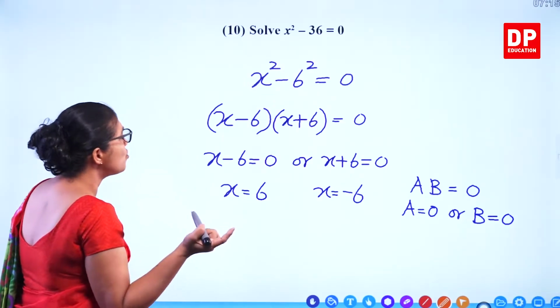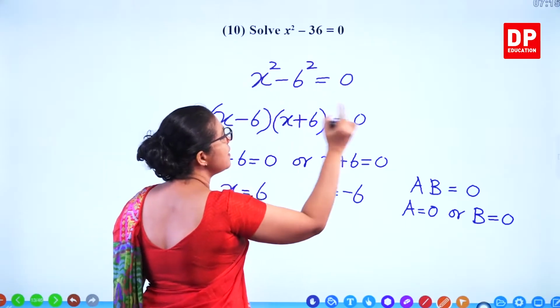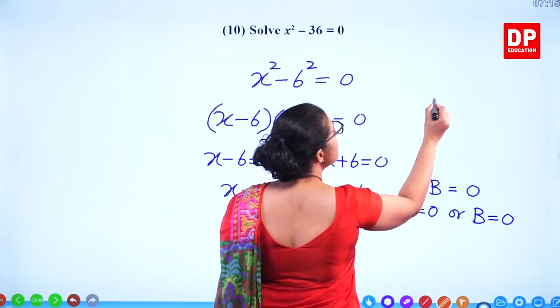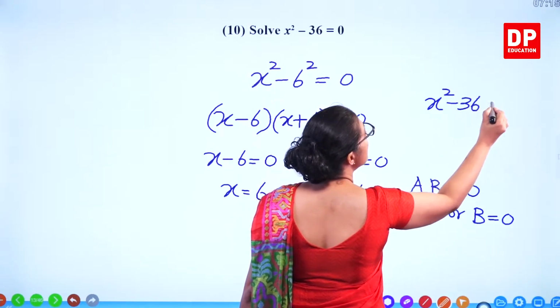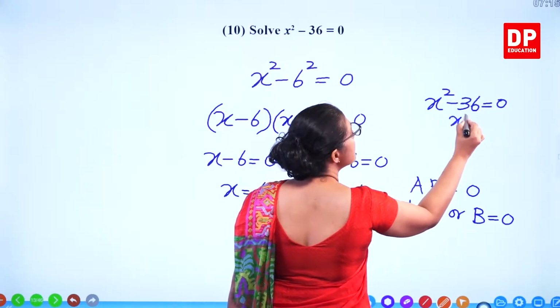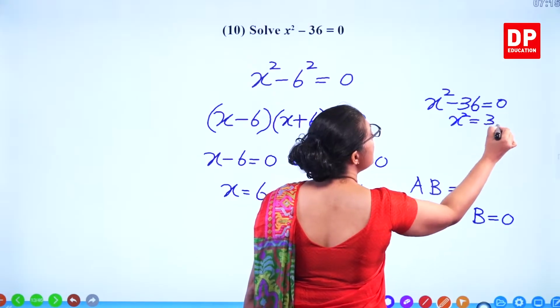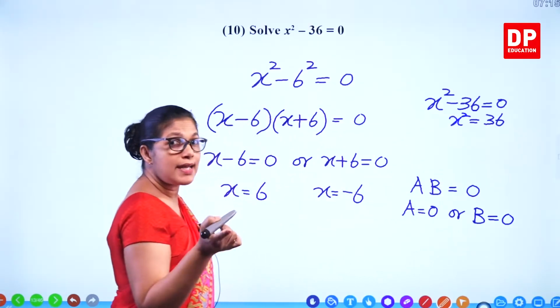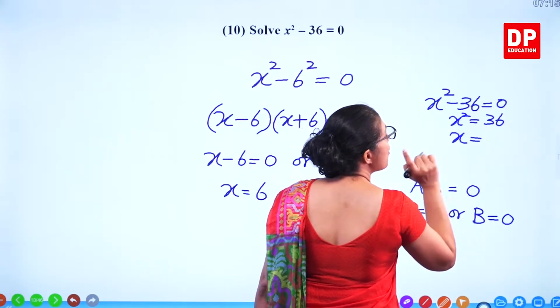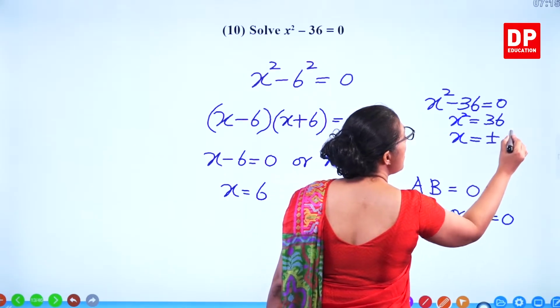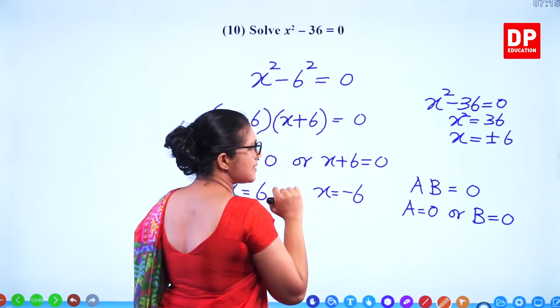Or one can do it without finding factors, you can take it to the other side. This is the next method. So you can take 36 to the other side and take plus or minus. So square root both sides, square root of 36 is plus or minus 6.